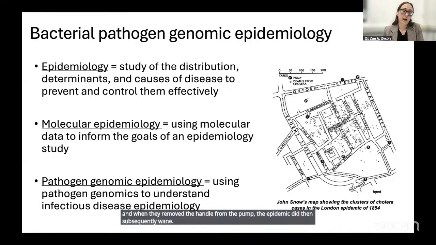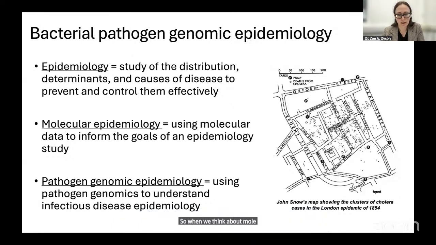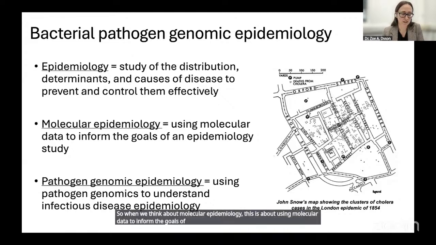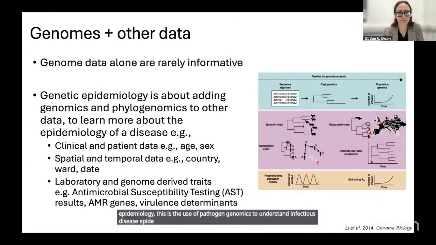So when we think about molecular epidemiology, this is about using molecular data to inform the goals of an epidemiology study. For the purpose of today's webinar, we're going to be talking about pathogen genomic epidemiology. This is the use of pathogen genomics to understand infectious disease epidemiology.